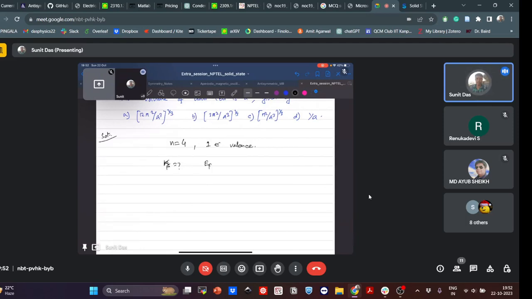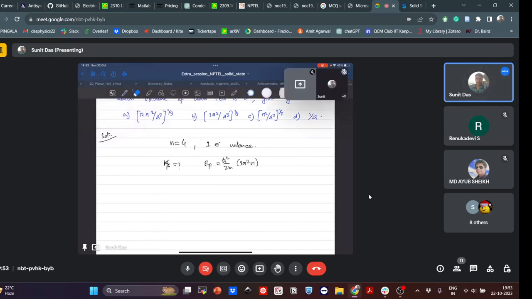So we know the Fermi energy expression is given by ħ² by 2m times (3π² N)^(2/3). Okay, there is a confusion in the notation, so let's call it capital N, the number of atoms.